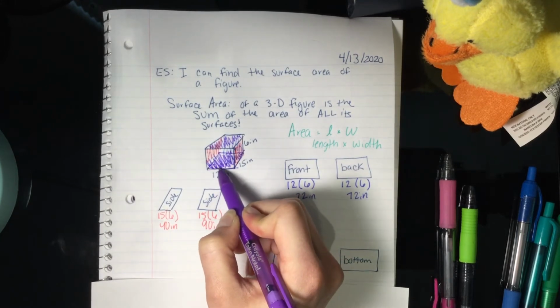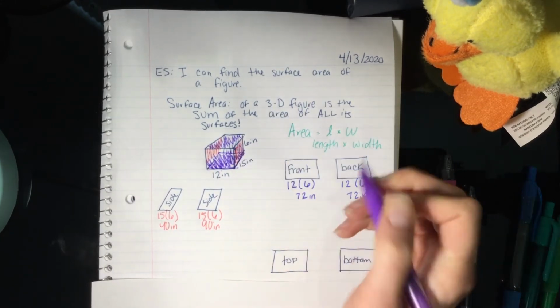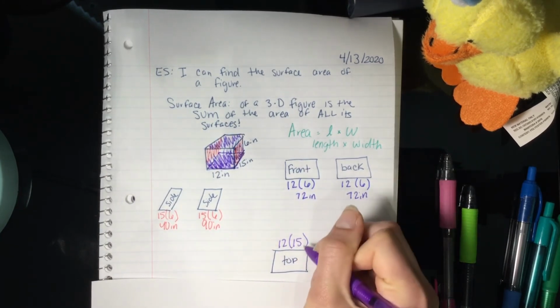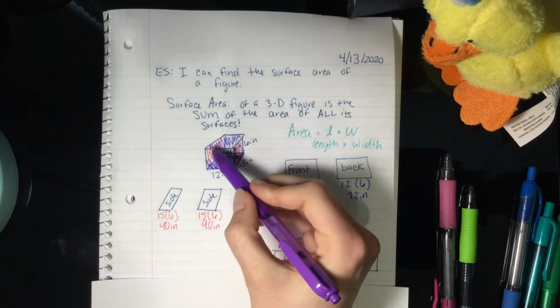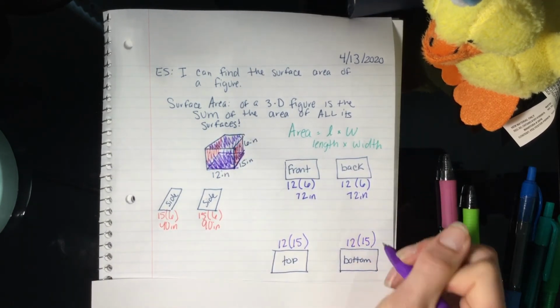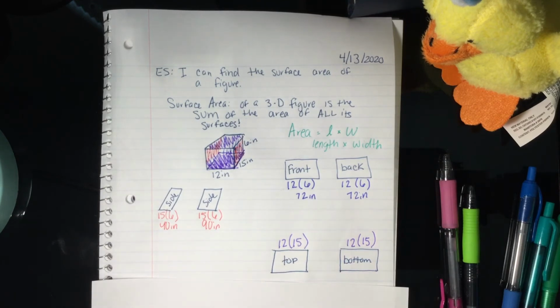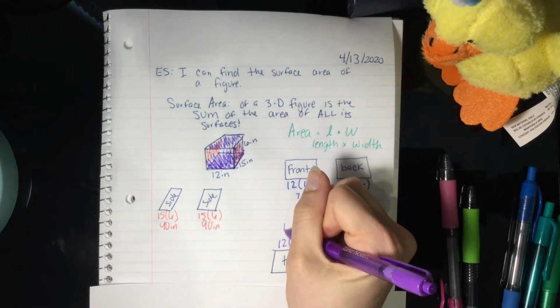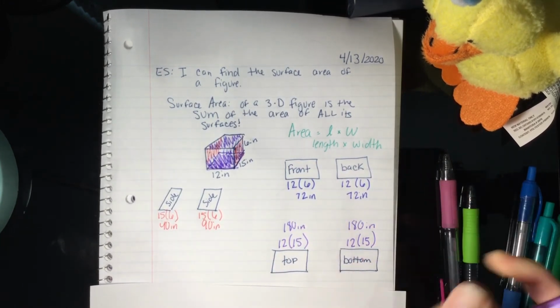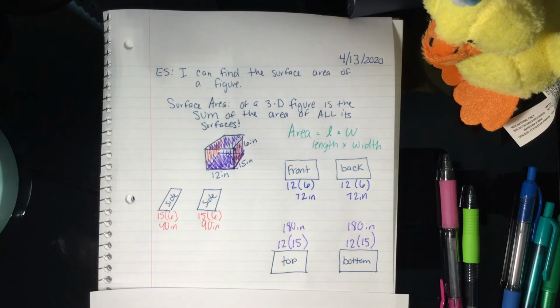Bottom is going to be easier for me, 12 times 15. So 12 times 15 is my top, because I know that my bottom is also 12 times 15. Does anyone know what 12 times 15 is? All right, well, it is 180 inches. Okay, so we found all the different surfaces.